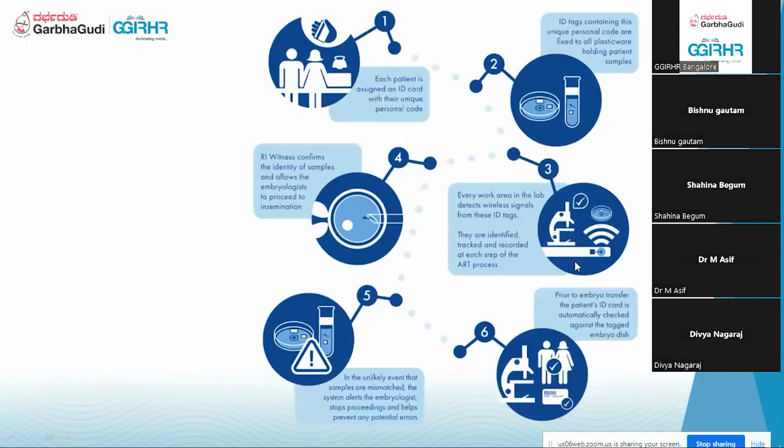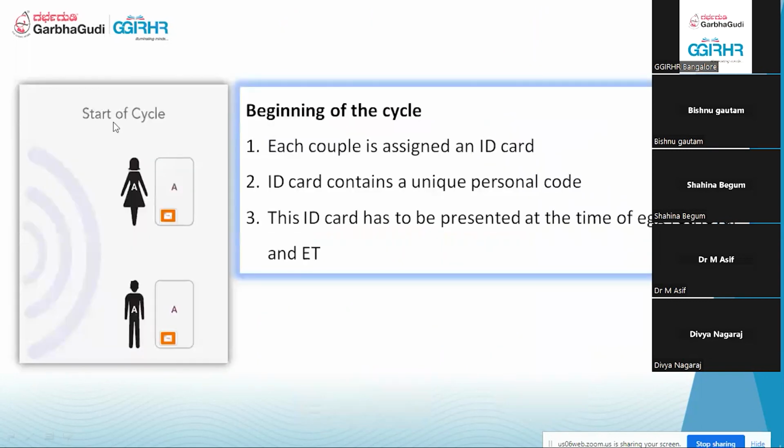Now, how does the RI Witness work? This is an overview. At the start of the cycle, each couple is assigned an ID card. The male is assigned an ID card, and the female is assigned an ID card.